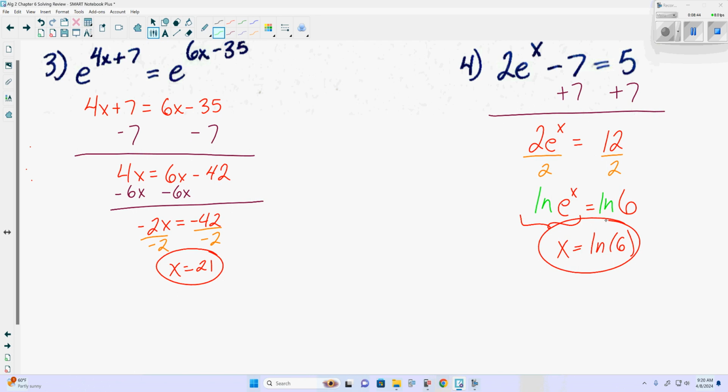With all of our logarithms, where the base and what's inside are not the same, or a power, like natural log of e to the 3rd, where they don't simplify out, we're leaving it. x equals the natural log of 6. We are done. You do not have to convert that to a decimal. Questions on this here?